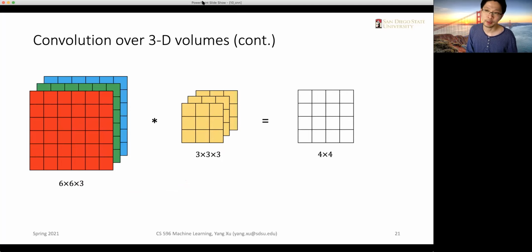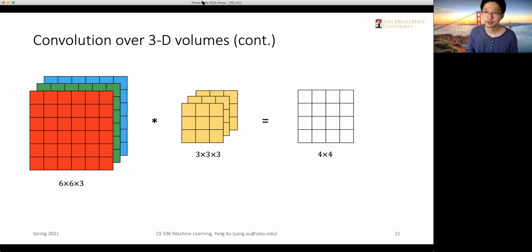Previously, when we had just one channel as input, we used that filter as a moving window to slide over all possible positions on top of the input image, right? And we'll do the same thing here.